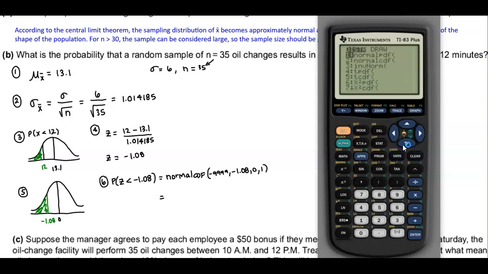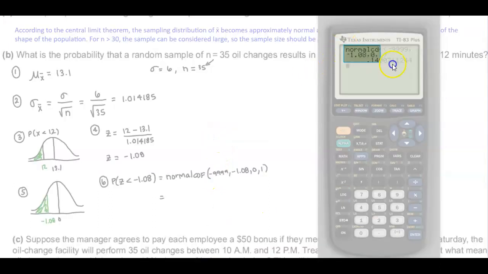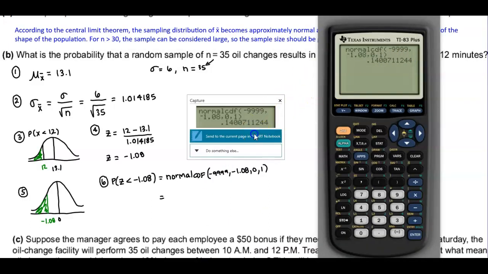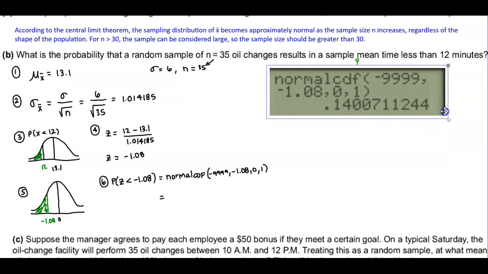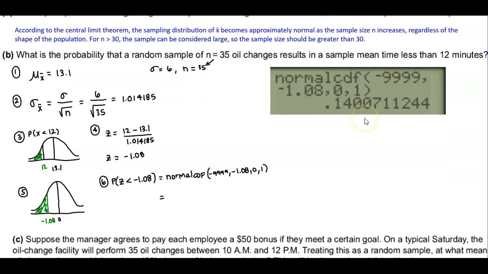Second distribution, normal CDF, we have negative 9999, comma, upper bound negative 1.08 with a mean of 0 and a standard deviation of 1. And so we're going to get the following as the area or the probability. Rounding it to 4 decimal places, we get 0.1401 as the probability.